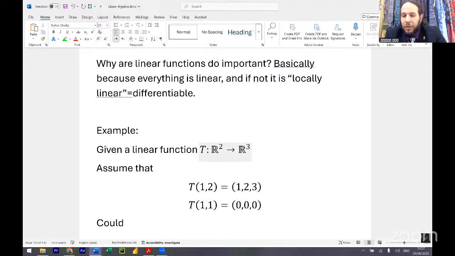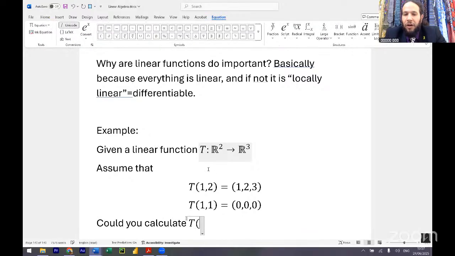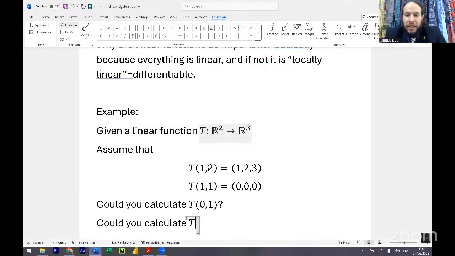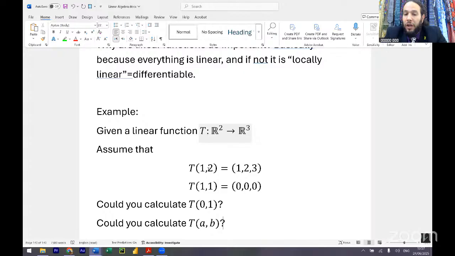Could you calculate T of (0, 1)? Could you calculate T of (a, b) in general?